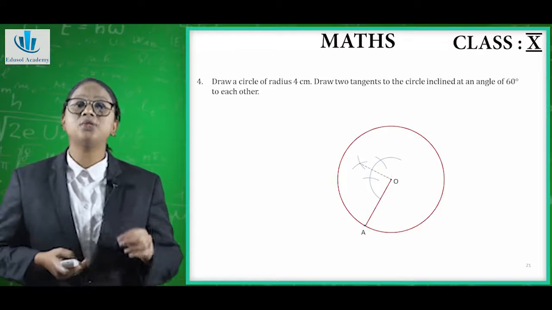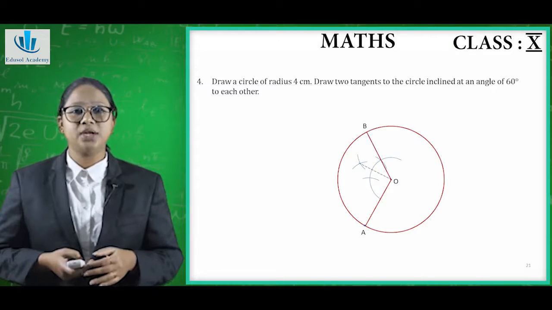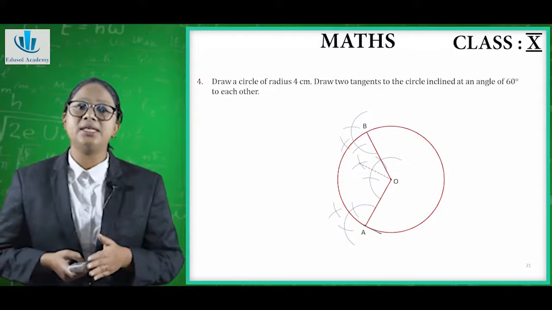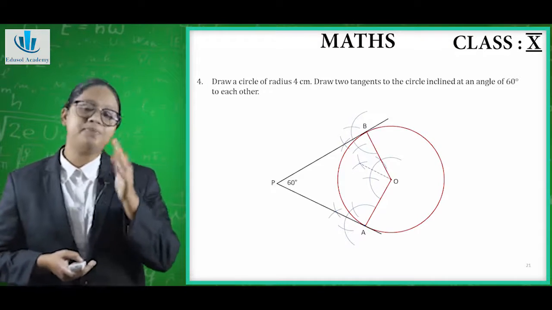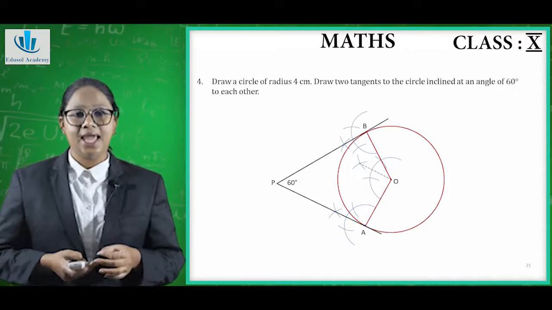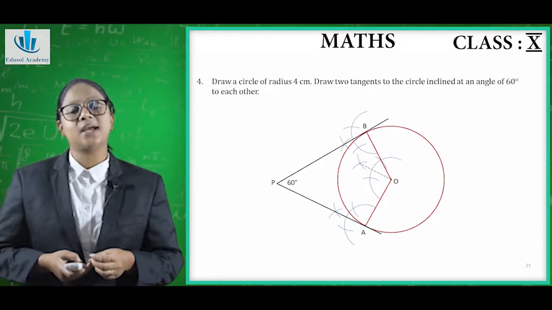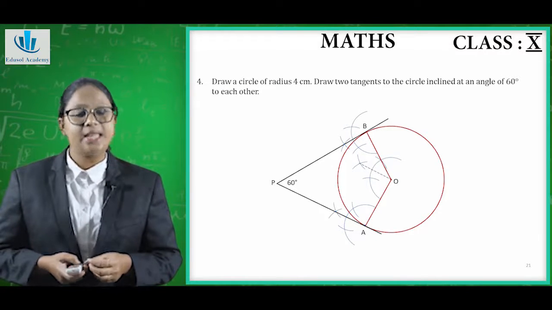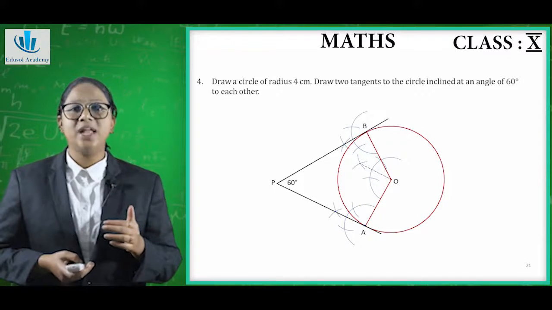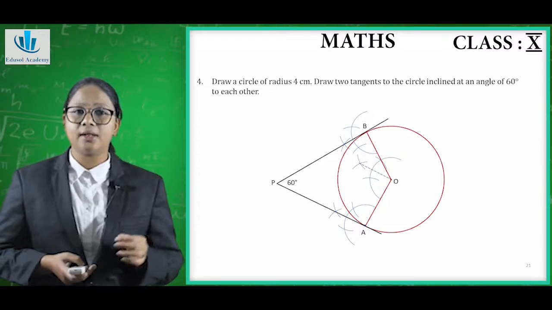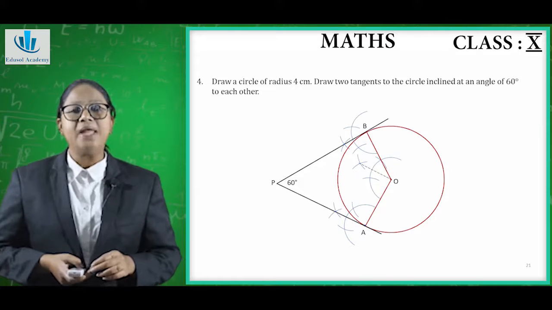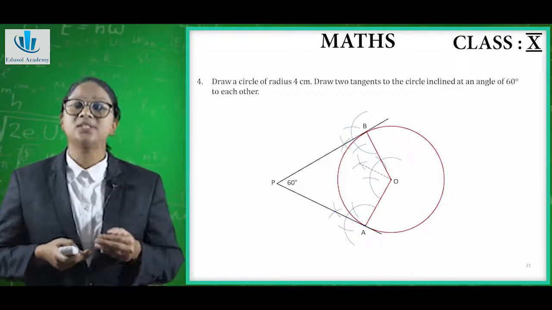We should first draw 90 degrees, then go to 120 degrees and draw 120 degrees from O and name the other radius as OB, or the point as B. Now draw 90 degree angles at point A and at point B on either side of angle O. Now extend them and the meeting point, let it be P. So PA and PB are the required tangents and their inclination is now 60 degrees.